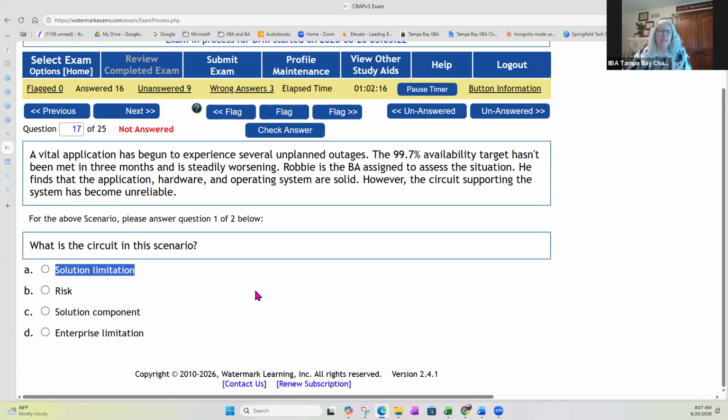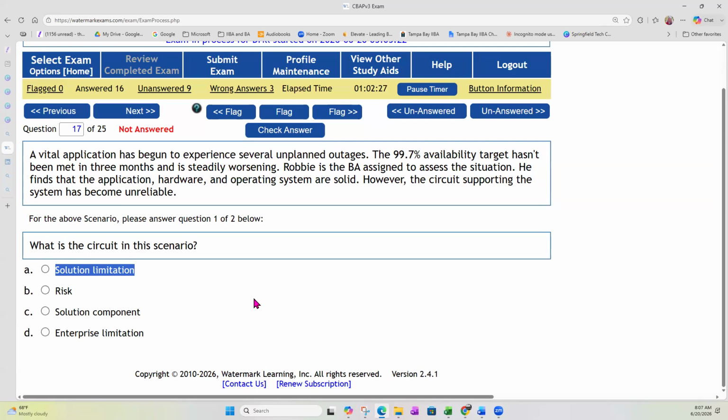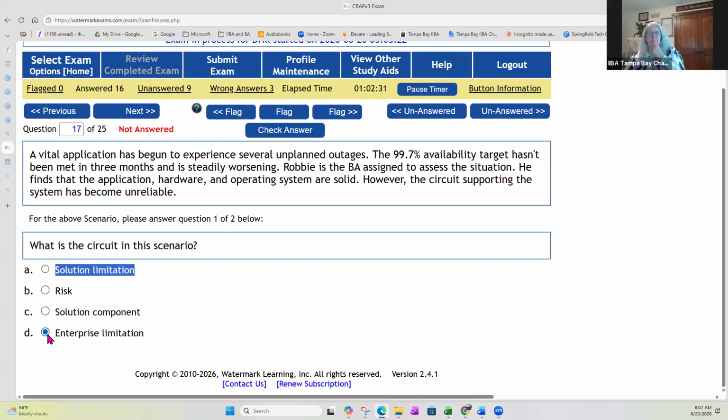Okay, so what do we think the best answer is? Solution limitation. I would say enterprise limitation. With that gas example, it just may happen that I don't have money to put some gas.